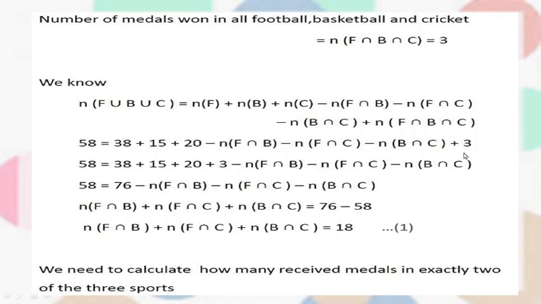These 3 will come as it is, plus 3 because this is also given. Now after solving, we will get the sum of these 3 sets, F intersection B, F intersection C and B intersection C, is equal to 18. Let it be first equation. We need to calculate how many received medals in exactly 2 of these 3 sports.